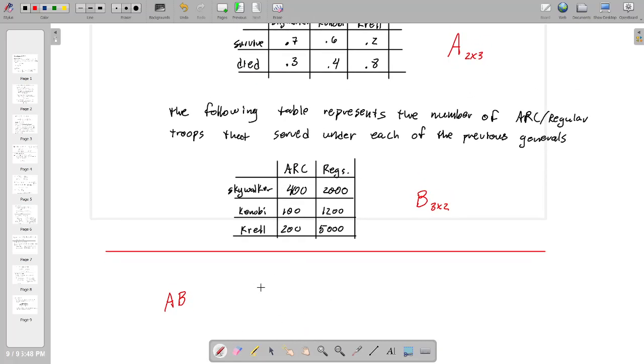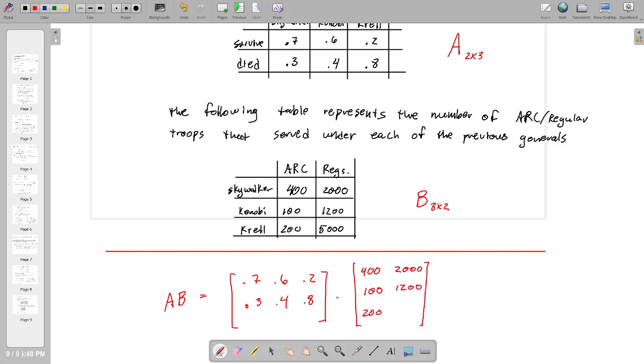So if we look at A, we would have 0.7, 0.6, 0.2, 0.3, 0.4, and 0.8, and we're multiplying by B, which is 400, 2000, 100, 1200, and 200, 5000.